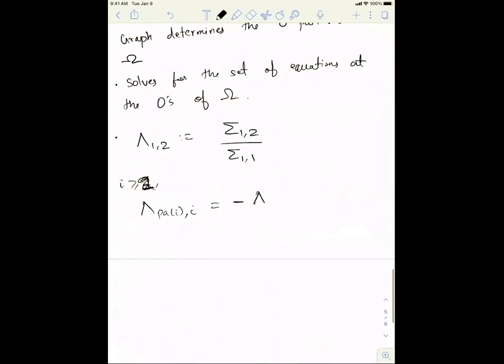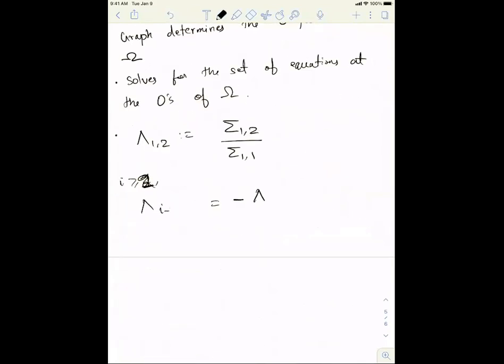So lambda i minus 1, i would be of the form involving i minus 1, i minus 2, then sigma i minus 1, i plus 1, plus this.